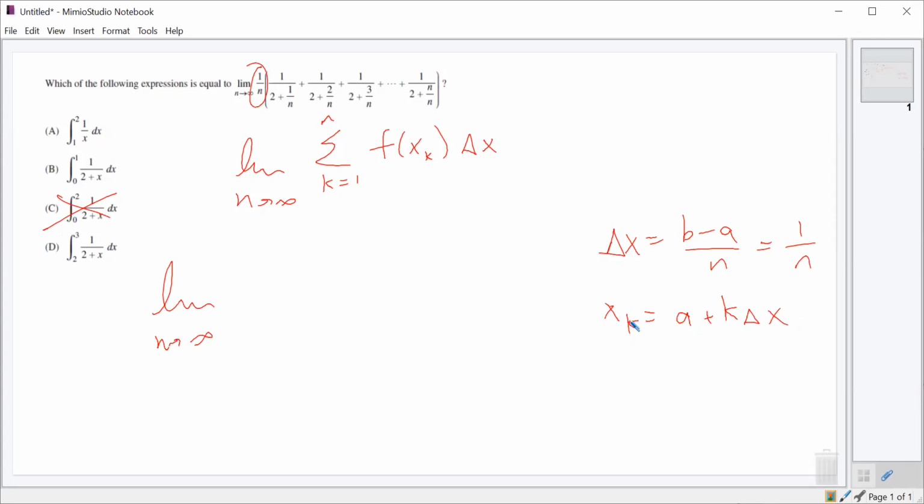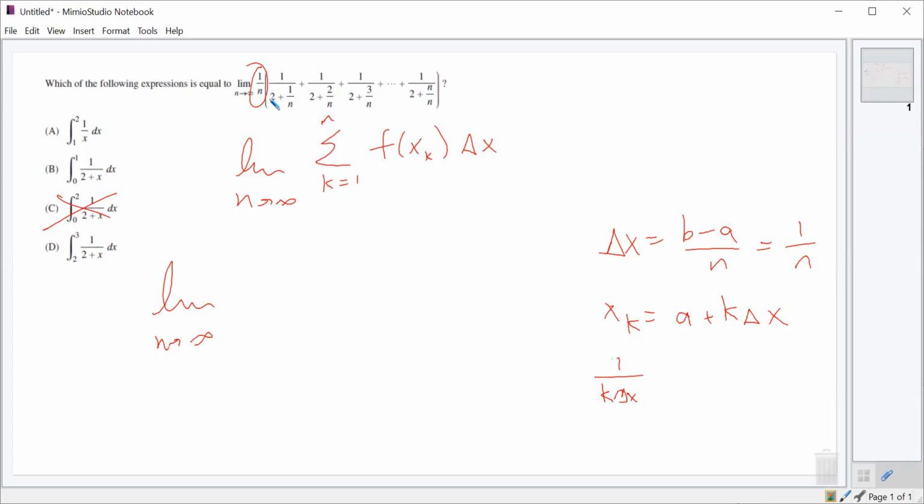And then our x sub k is a plus k delta x. And so f of x sub k ought to be either 1 over x or 1 over 2 plus x. 1 over x would just look like 1 over k delta x, whereas we do not have that.